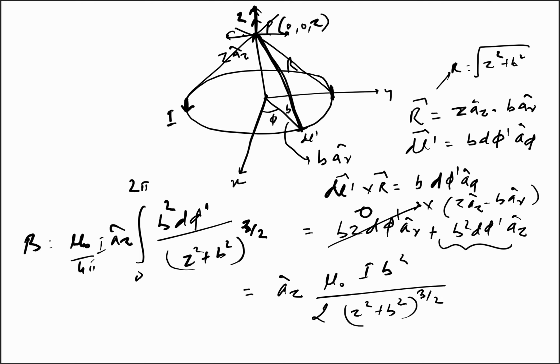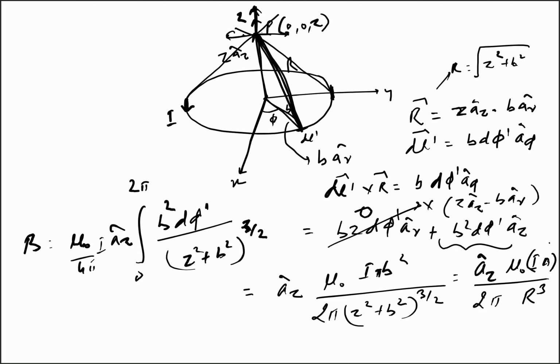Now if I multiply and divide by π, I will find it as az μ0 I times area over 2π r cubed, where (z squared plus b squared) to the power 3 by 2 is equal to r cubed.